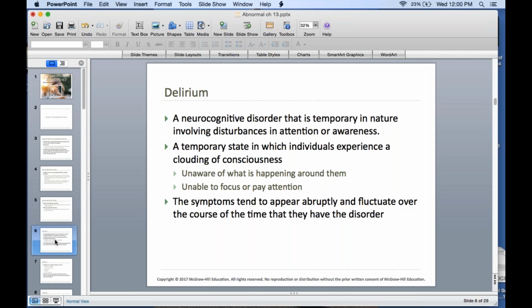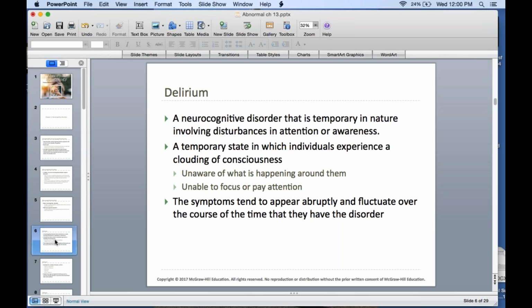If you know an older adult who is in the hospital and all of a sudden seems to have what they're calling dementia, but it came on all of a sudden, really ask people to look at their medications. See if they are better when they are not in a hospital setting.